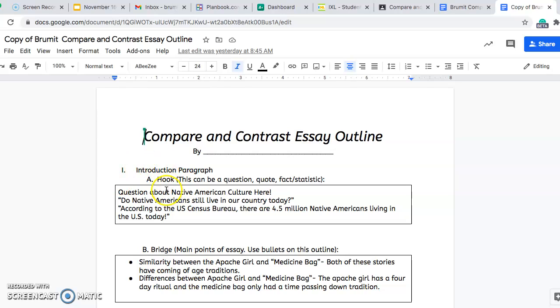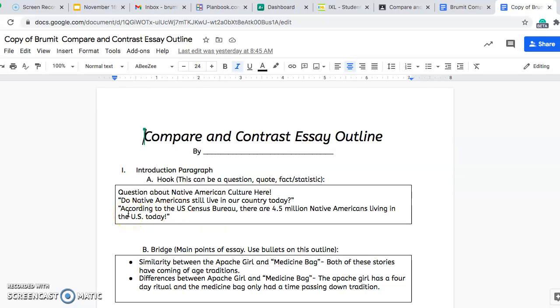I had a lot of students who asked me, what is a hook? How could you make a hook out of an essay like this? I told students that they could find a question, a quote, or a fact or statistic about Native American culture. Some examples could be, do Native Americans still live in our country today?